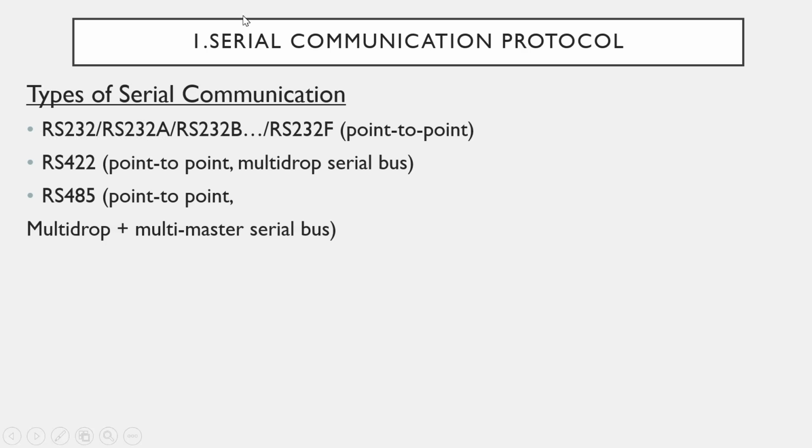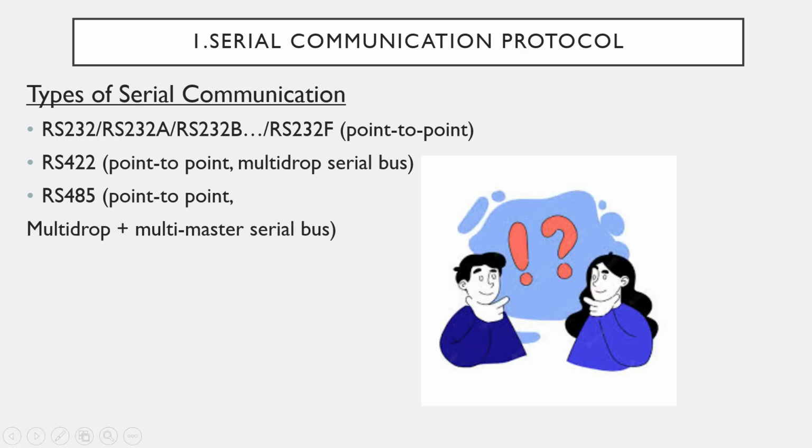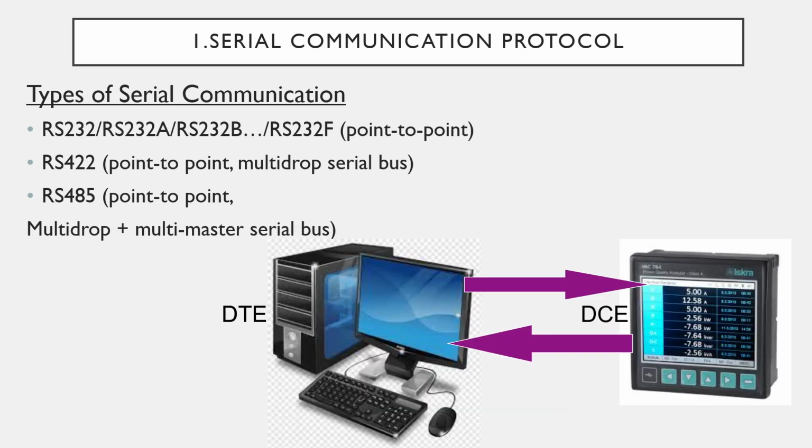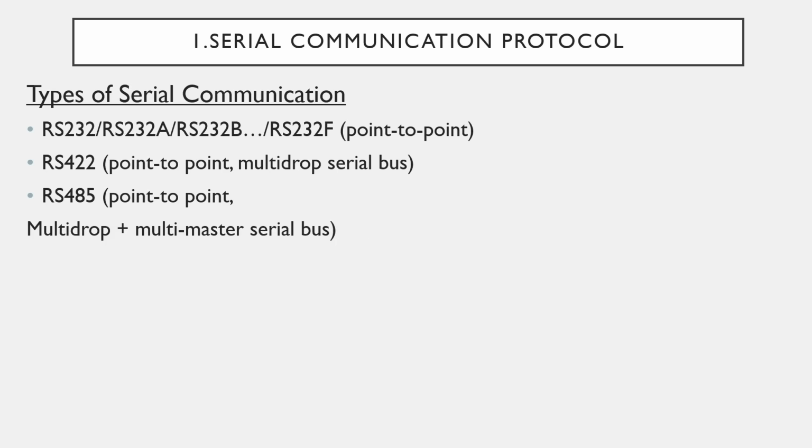And RS-232 communication is point-to-point communication, meaning one device to another. It is not bus communication. One device is called a DTE, another is a DCE, data terminal equipment and data communication equipment.